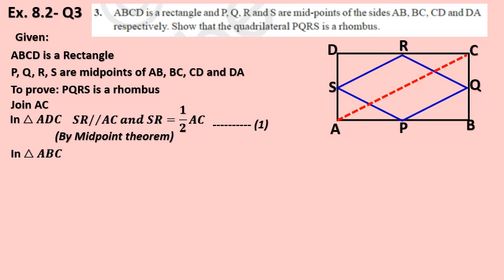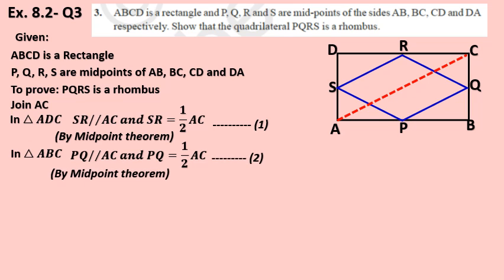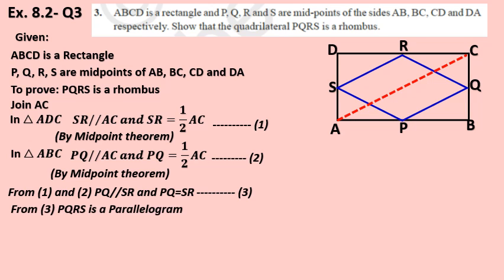Now in triangle ABC, similarly we can prove PQ is parallel to AC and PQ is equal to half AC. So from equations 1 and 2, we get PQ parallel to SR and PQ equal to SR. That means PQRS is a parallelogram.